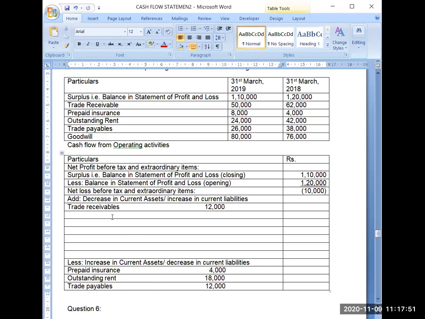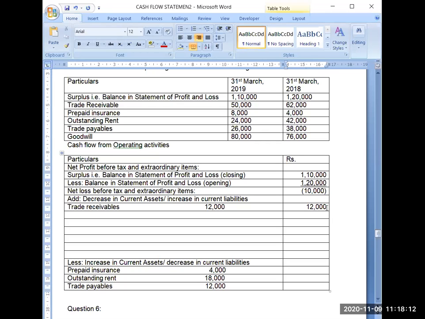Now we have to add only one current asset, so I will write this amount here. Now you see, practically this amount is a negative amount. 10,000 is a negative amount and 12,000 is a plus amount.